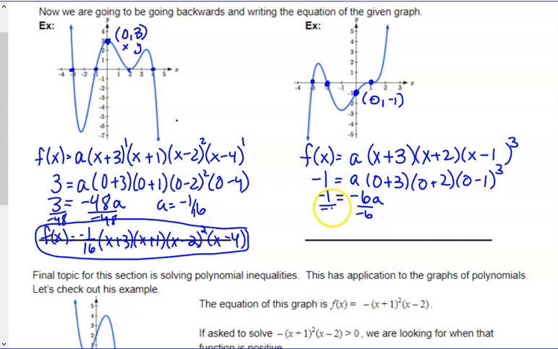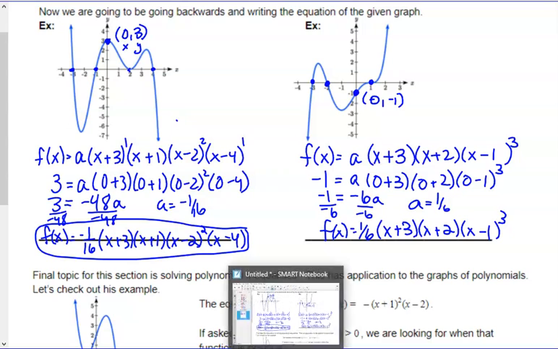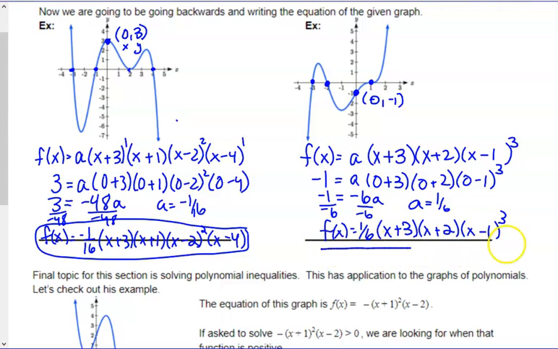And when I divide by -6, a here is 1/6. So that is what I'm going to put right up in here. And our final answer is f(x) equals 1/6 times (x plus 3) times (x plus 2) times (x minus 1) cubed. And that's our equation. Okay?